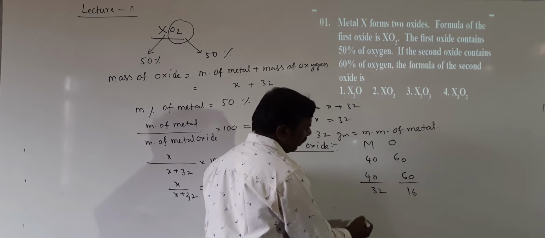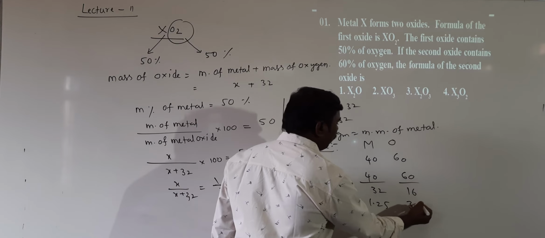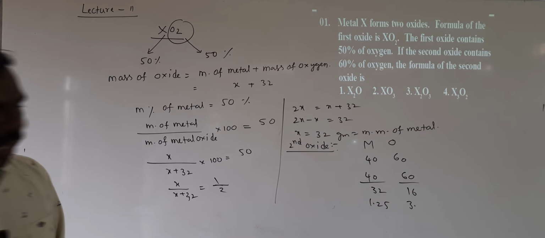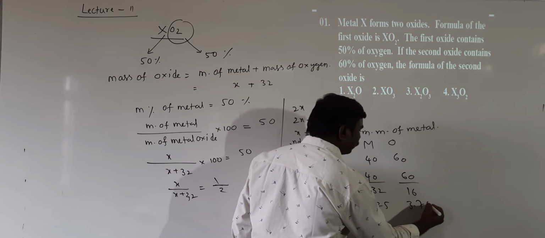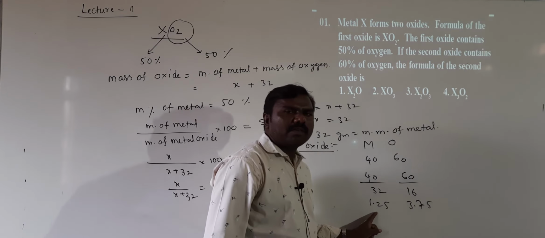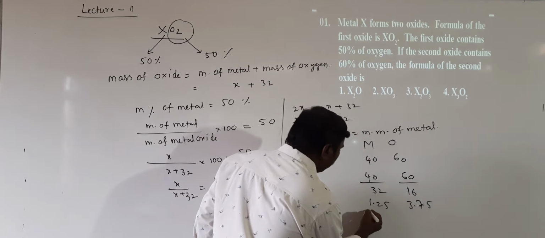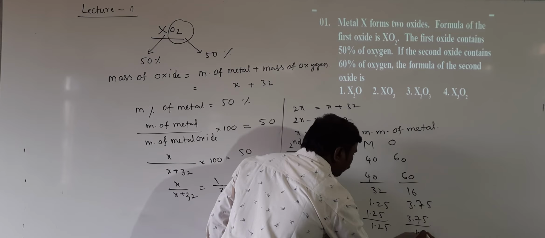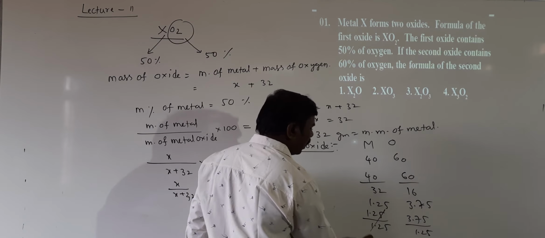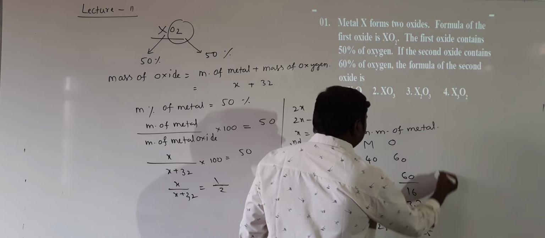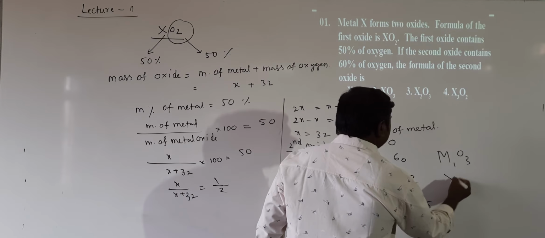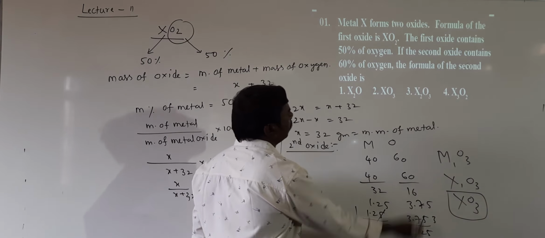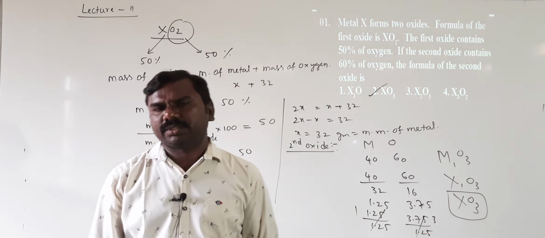On solving this, you will get 1.25 and 3.75. Among these, the smaller value is 1.25. So 1.25 by 1.25 is 1, and 3.75 by 1.25 is 3 times. Then the formula is X1O3, XO3 is the right answer. It is answer option 2.